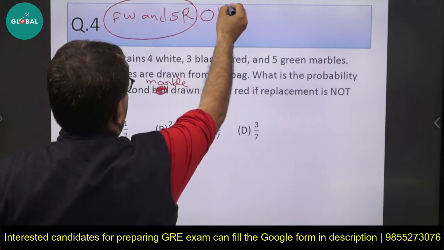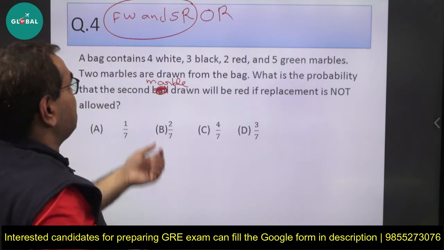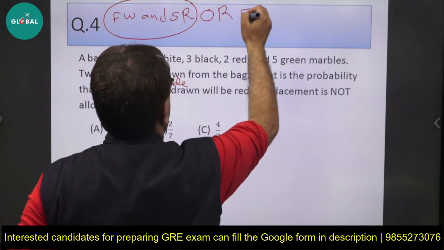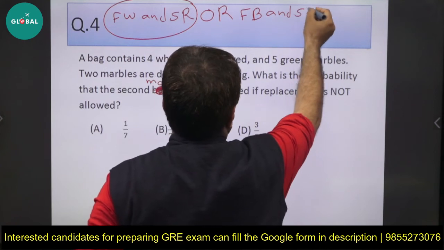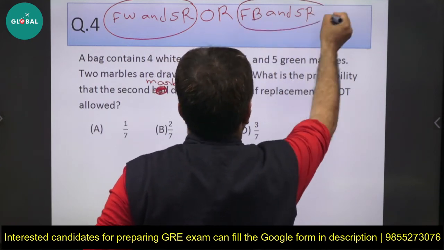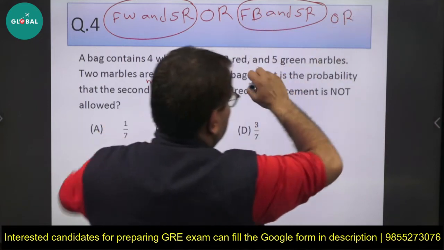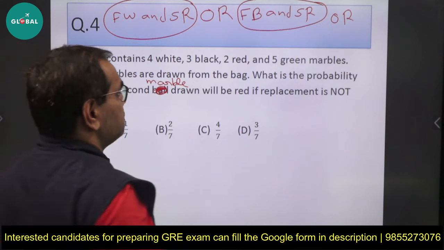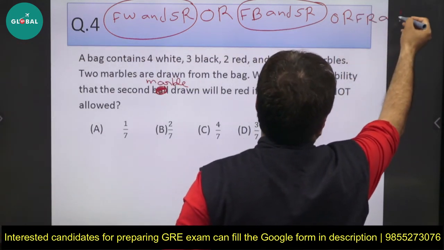Or if this is not the condition, then what is another possibility to get the second red? If we have first black and second red, this is another possibility. Or if this is also not the case, then how can we get the second red?